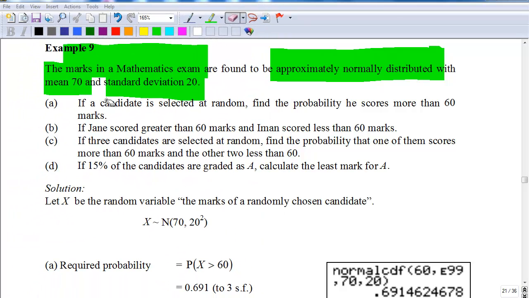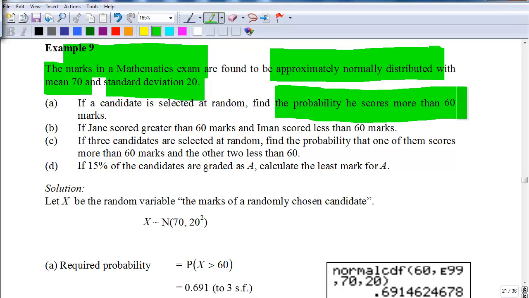We're now ready to look at parts A to D. Now, A says that I have a candidate selected at random and I want to find the probability that he scores more than 60 marks. So I can translate this English into a math statement: probability that he scores more than 60 marks.